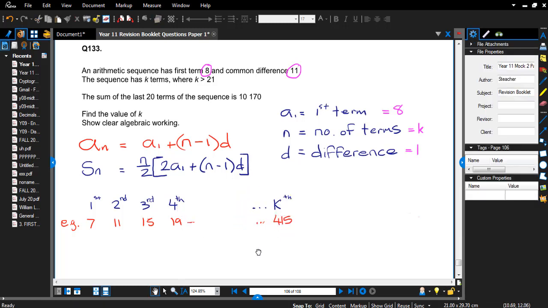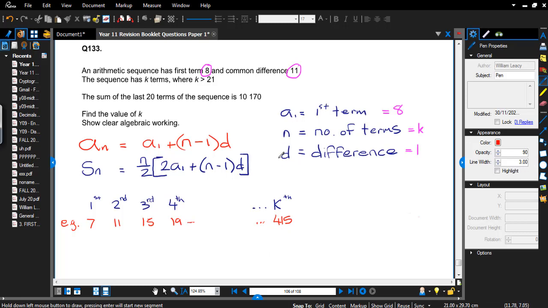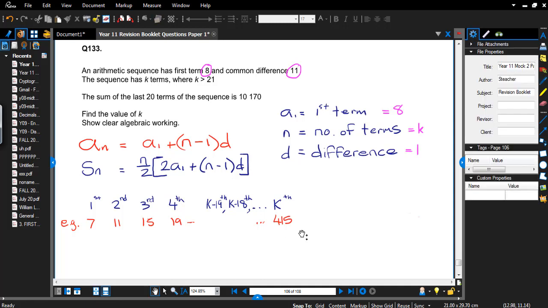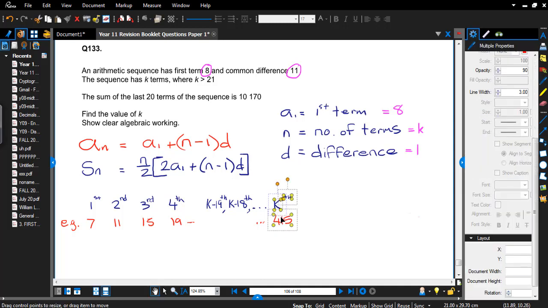The last two terms are the (k minus 1)th and the kth. So the last 20 terms are going to be the (k minus 19)th term, the (k minus 18)th term, and eventually the (k minus 1)th term, which is the second last, and then the kth term.